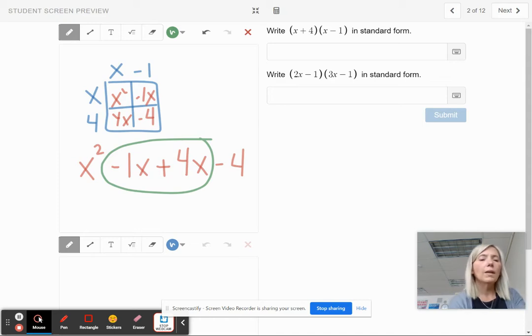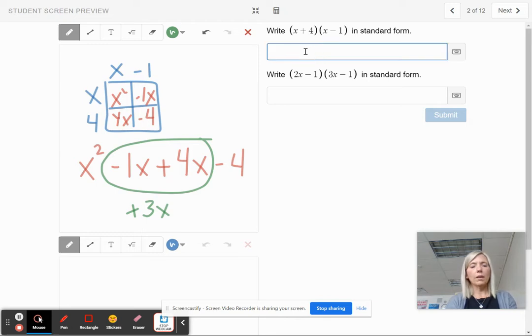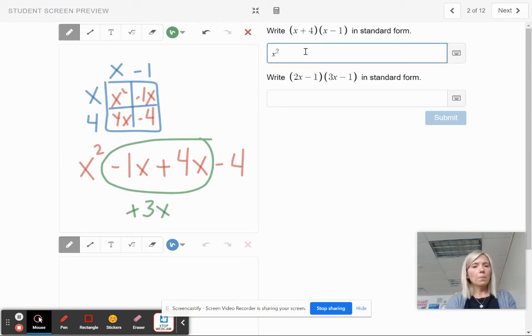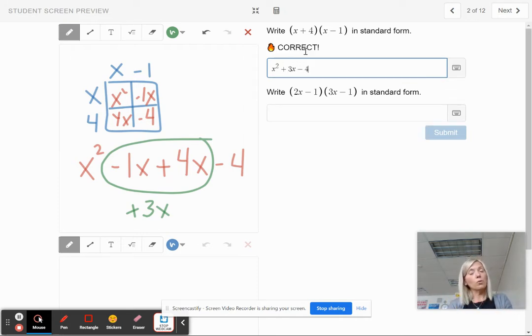They make 3x, so plus 3x all together. Okay, so in the box, I'm going to type my response, x squared plus 3x minus 4. And notice it says I'm correct.